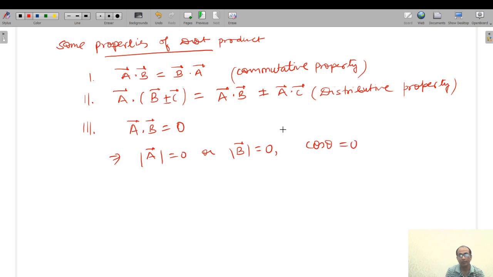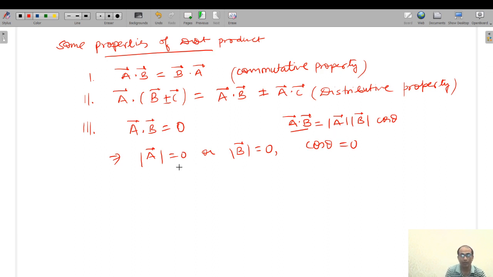Why? Because we know A dot B is given as magnitude of A, magnitude of B into cos theta. So if this is 0, that means one of the three components, magnitude of A, magnitude of B or cos theta, has to be 0.